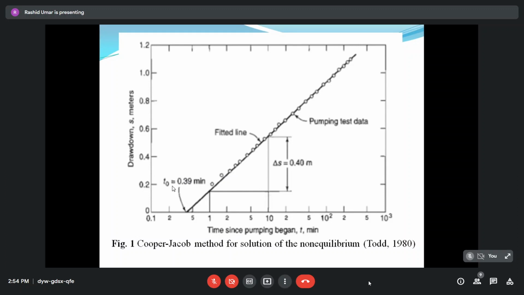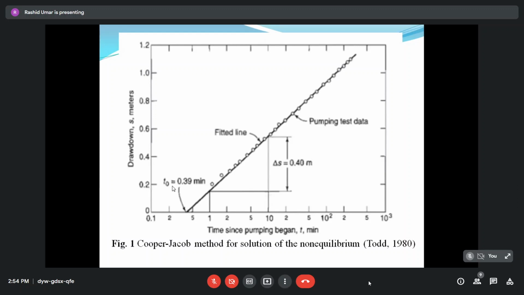So what is well loss? Well loss comes from well design, loss in casing, loss in screen, gravel packing, or any flaw, for example your well is not developed properly. All this will cause your water level to decline faster in the initial minutes.